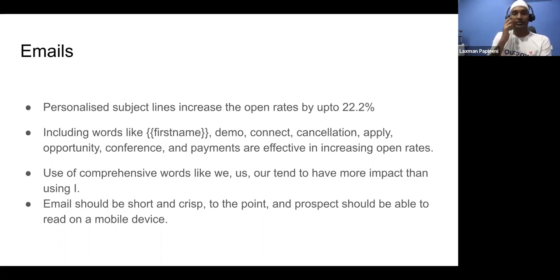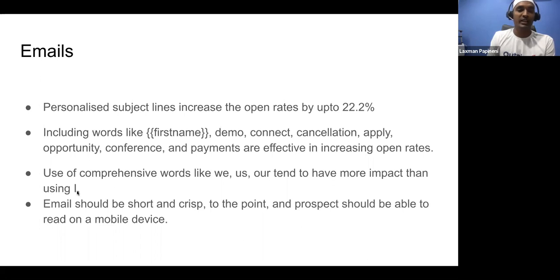That improves open rates because Outreach is a product they are using now or have used in the past, and it has their name and the cancellation word, which gets the eyeballs of these people.